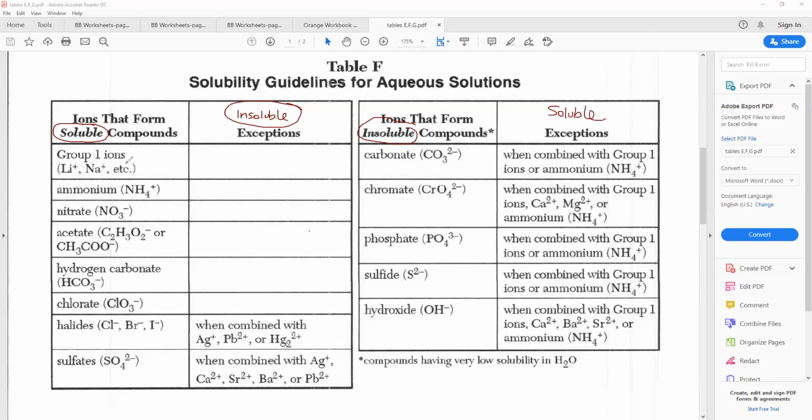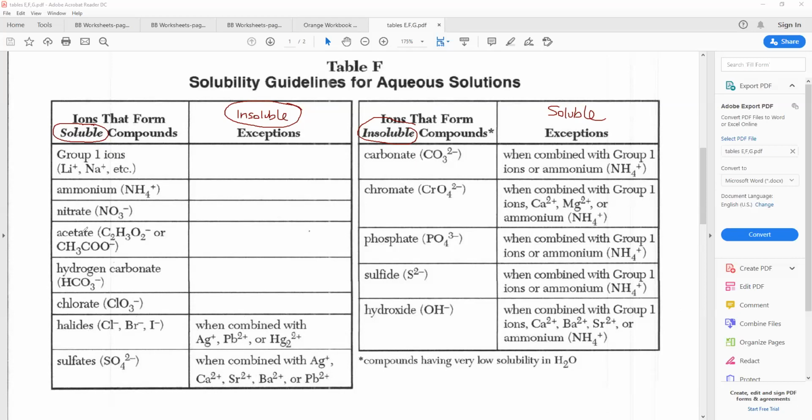soluble. So group 1, they're always soluble. Ammonium, always soluble, no matter what. It doesn't have any exceptions. Nitrates, acetate, hydrogen carbonate, chlorate. Now, however, if you have chlorine, bromine, or iodine, and these are combined with silver, lead 2, or mercury 1, then these are no longer soluble, but they become insoluble.